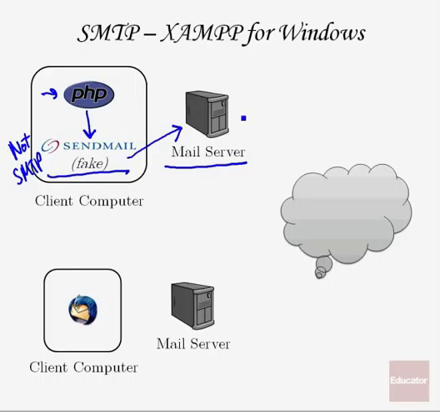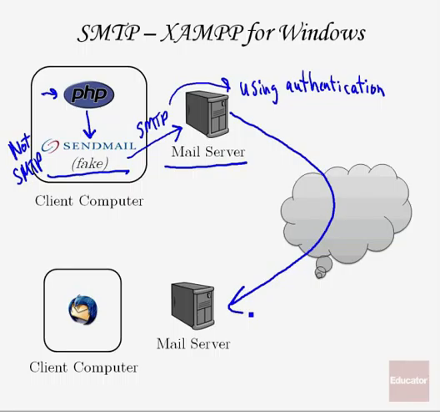So it sends it out to your mail server via SMTP using authentication. And then everything goes as normal from there. Your local mail server sends it by SMTP through the internet over to your recipient client on the other side.